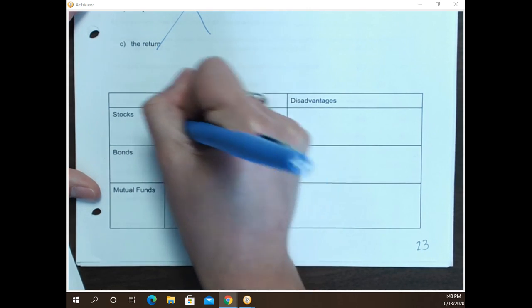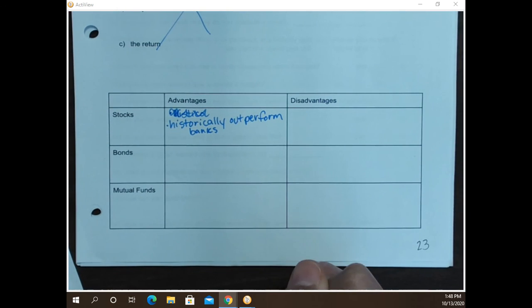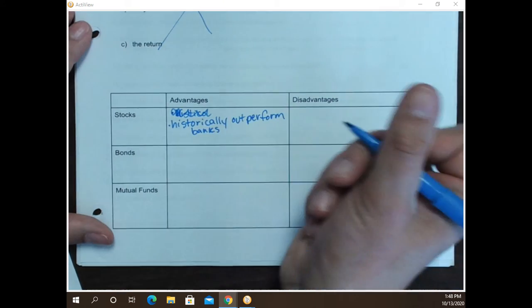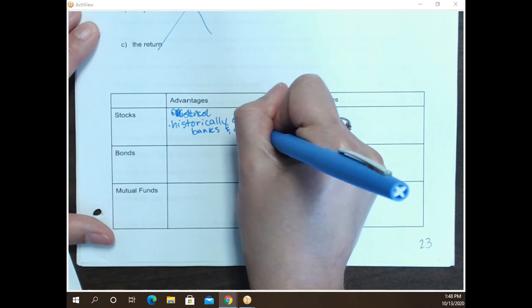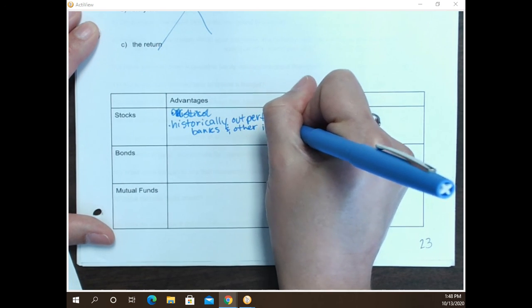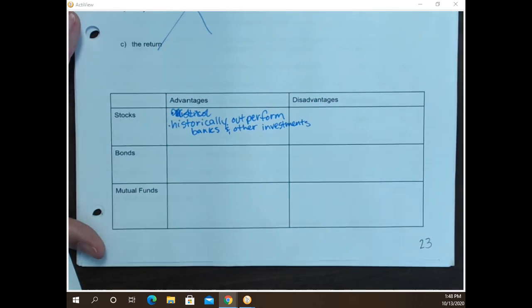So they tend, in the long run, to do better than if you just put your money in a savings account or a money market or a CD. And not just banks, but other investments as well. So stocks tend to do well.